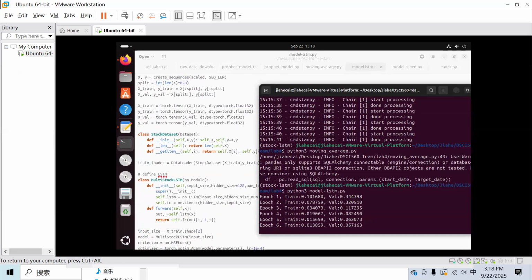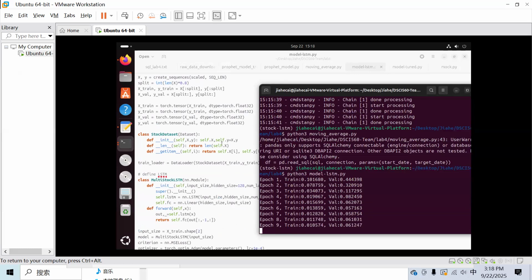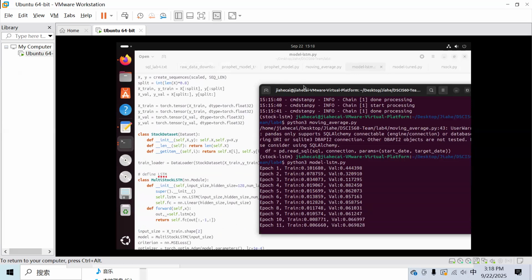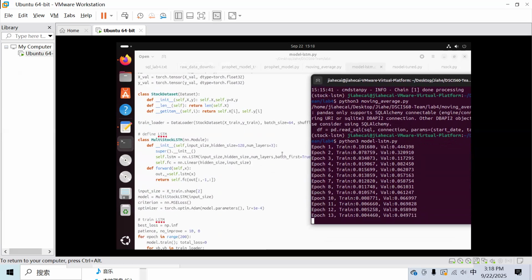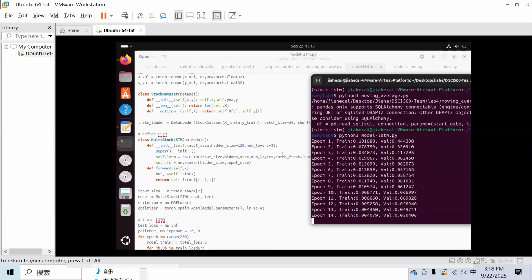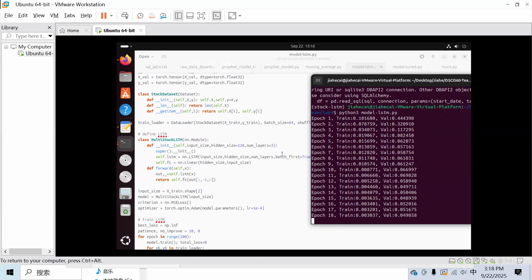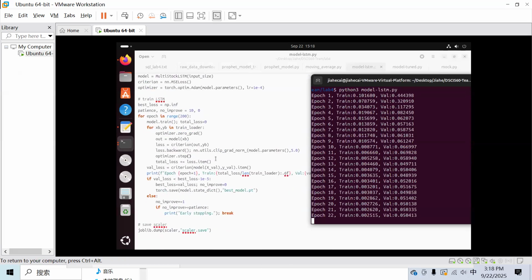After data preprocessing, I create the multi-stock LSTM model, which has 128 hidden sizes and 3 hidden layers, and some optimization like using Adam as the optimizer and MSE as the criterion for the loss calculation. Then I train the dataset with 200 epochs.